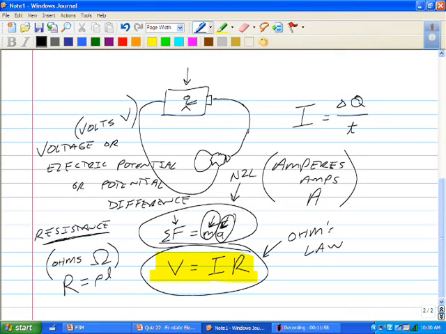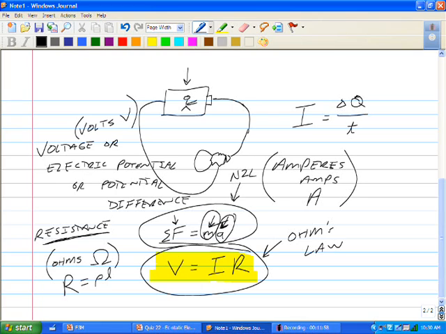The thickness of the wire. Yeah, what about the thickness of the wire? If I have a really thin wire as opposed to a really thick wire, which has more resistance? The thin wire. And you can think of it as like water through pipes or a straw, right? The smaller, the more contact you have with the edges.